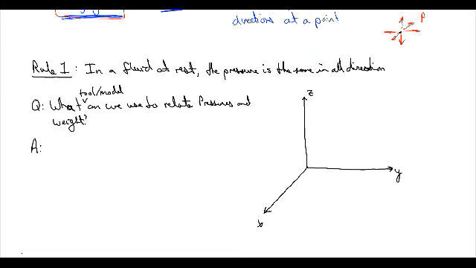It's such an important rule, even though it's simple, that we need to do a derivation, if you will. If we're trying to show that in a fluid at rest the pressure is the same in all directions, the question I want you to think about is always, what tool or model can we use to relate pressures and weight? Because obviously the pressure is caused by the weight of the fluid above it.